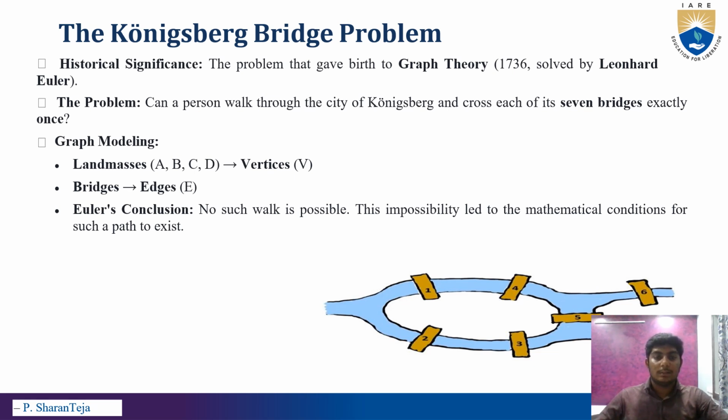In 1736, the great mathematician Leonhard Euler represented this as a graph. Each landmass became a vertex, and each bridge became an edge. This proved that such a walk was impossible, and that discovery gave birth to graph theory itself. This is one of the first examples of using mathematics to solve a practical routing problem.